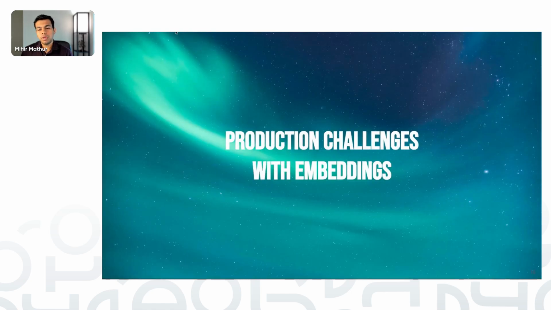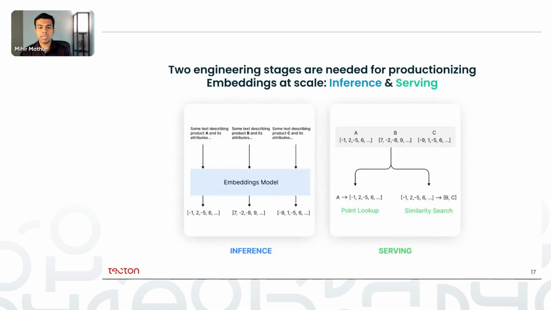Cool. So now that we've seen several examples of embeddings, and examples of embeddings being used for business critical tasks, let's take a look at some of the production challenges that people face when they try to run embeddings at a large scale. There are two engineering stages that anyone running embeddings in production would have to deal with. The first stage is called inference, the second is called serving.